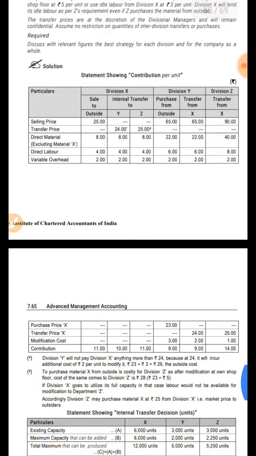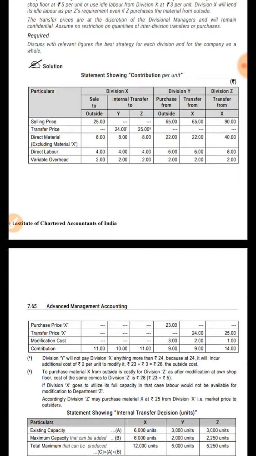Now the purchase price of X. If division X is purchasing from the outside market, it is purchasing at 23. But if it is getting transferred from X, it is getting transferred at 24, and there is a modification cost of rupees 3 and rupees 2 respectively, and just like that for division Z also.